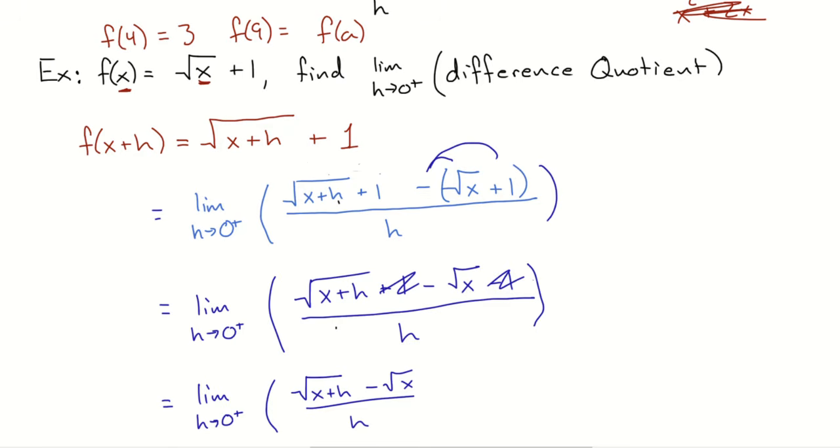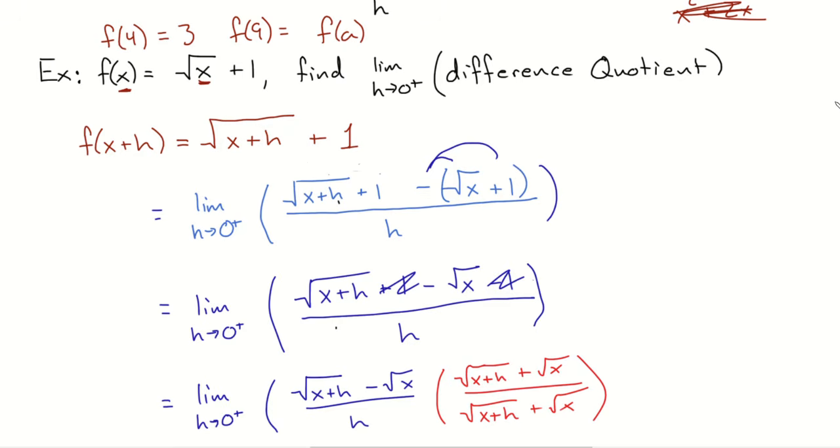What do I multiply by, Baija? Root x plus h plus root x. Yep, I got you. It's going to look like it's not helping, but it will help literally every time.